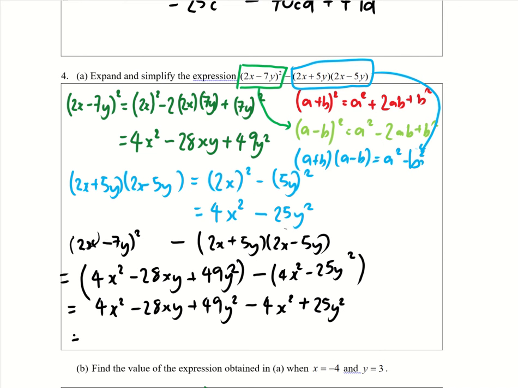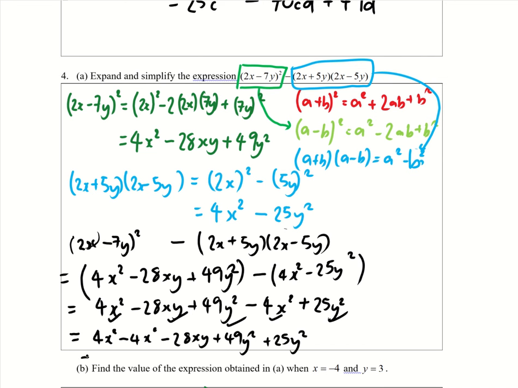So I have 4x squared, this is the first term, so done. Minus 4x squared. And then next one, minus 28xy. Any more xy? There's no more xy, so minus 28xy alone. Plus 49y squared plus 25y squared.